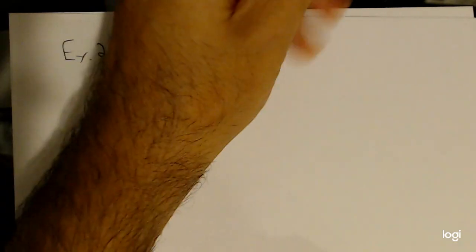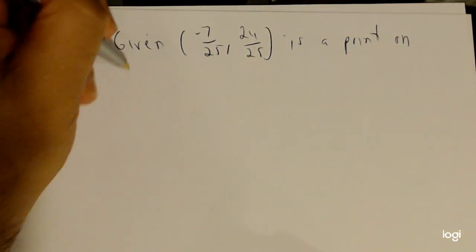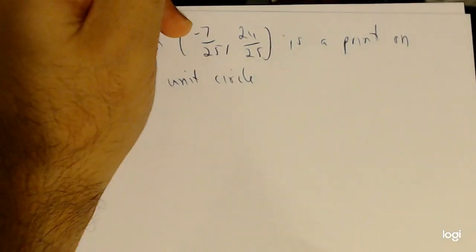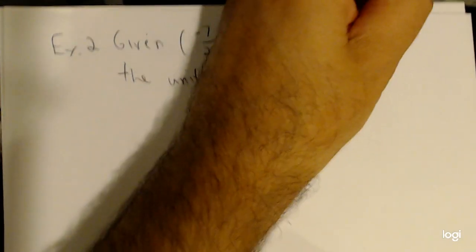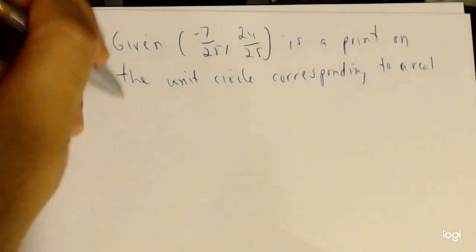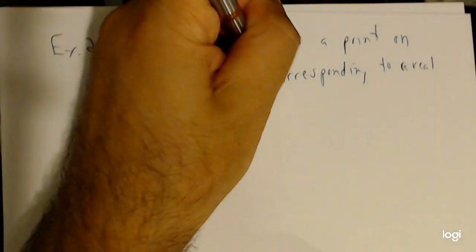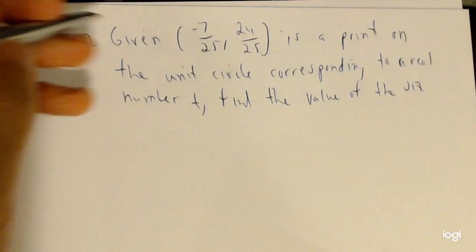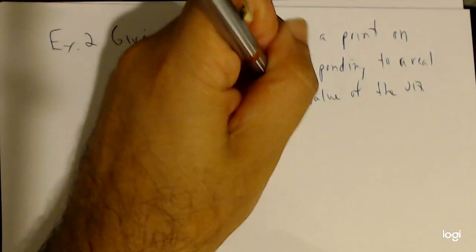Given negative 7 over 25 and 24 over 25 is a point on the unit circle corresponding to a real number t, find the value of the six trig functions of t.